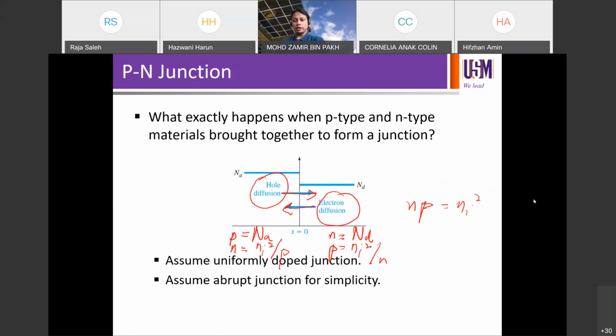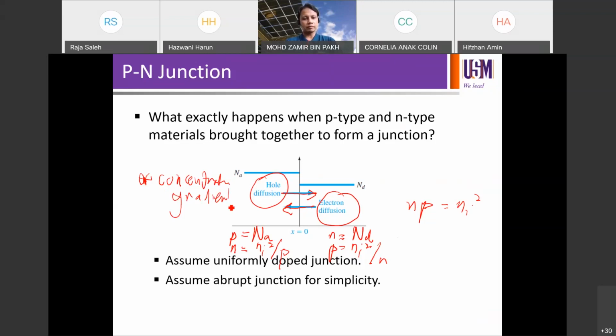Good. What do you need to have in order to have diffusion? Concentration. We learned last time, to be able to have drift, you need to have electric field. To be able to have diffusion, yeah, concentration gradient, right? Concentration gradient is the word.